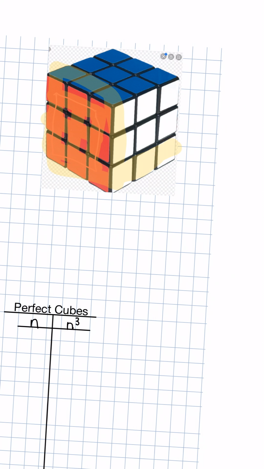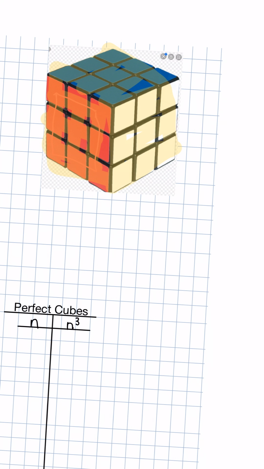So it's going to be 3 times 3 times 3 to know how many are in all together. So if we have 9 here and we multiply it by 3, then it's going to be 27. The cube of this cube is 27.